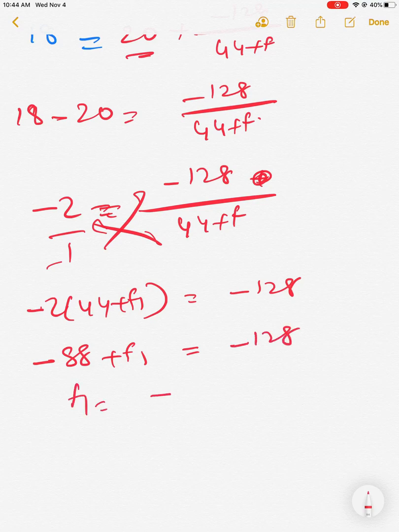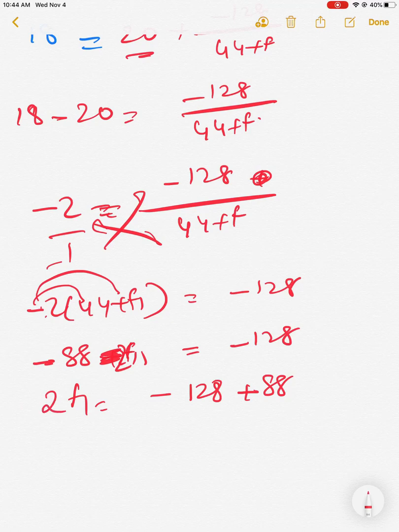So minus 2f is equal to minus 128 plus 88, which is minus 40.